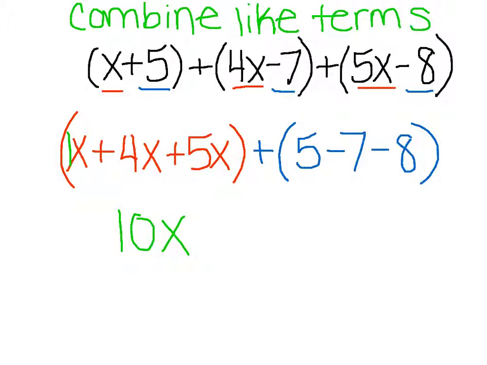Negative 2 minus 8 is negative 10. So plus negative 10, but we don't write plus and negative. We just write minus 10. Remember, you get to use your calculator for these. So I highly encourage you use your calculator to do 5 minus 7 minus 8 just to make sure that you did the math correctly.